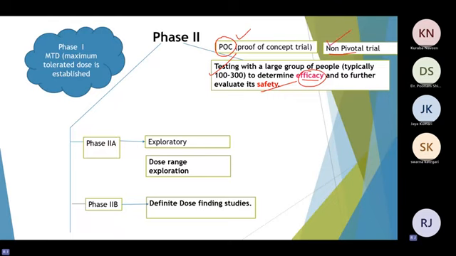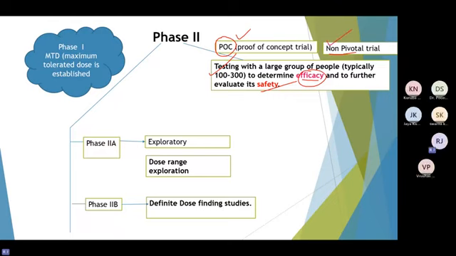And it is non-pivotal. This is a technical word. Whenever we submit the data of any clinical trial to the regulatory body for taking approval, those kinds of trials are called pivotal trials. Phase 2 trial data is generally not submitted for approval of any drug molecule.